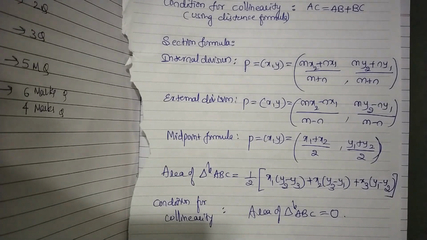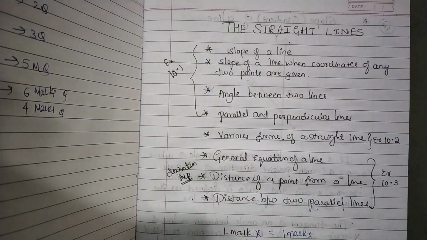So now we are going to start the chapter which is included in your first PUC mathematics, that is about straight lines. What do you mean by straight line? We can define straight line as a line which does not have a curve.